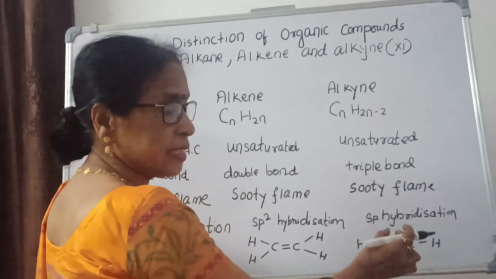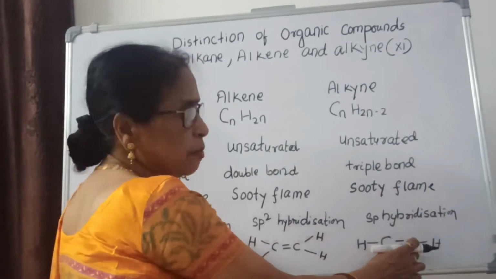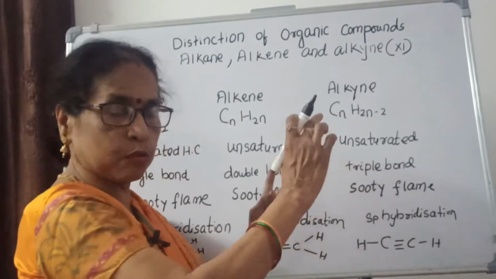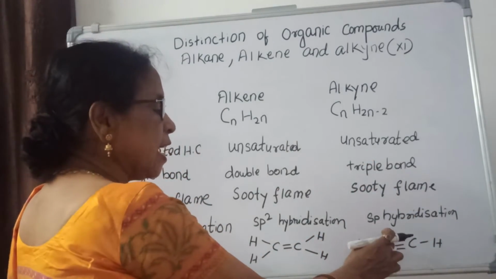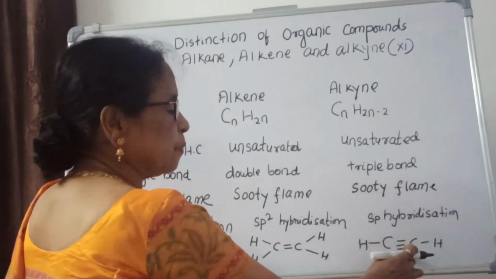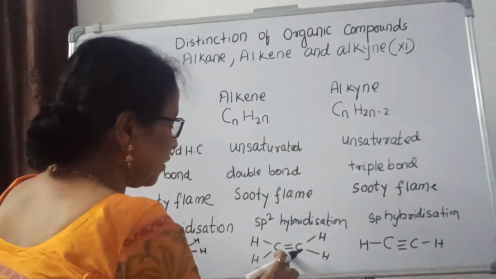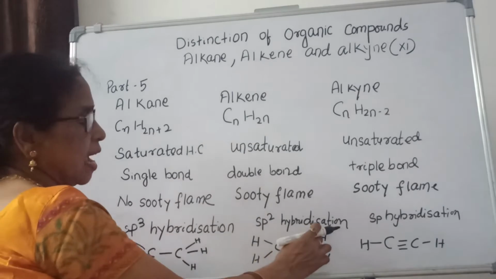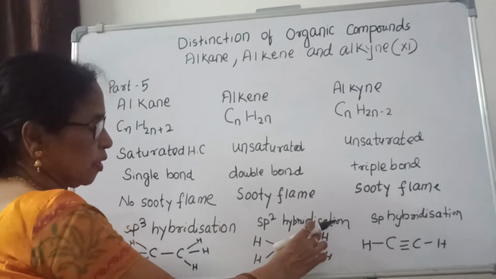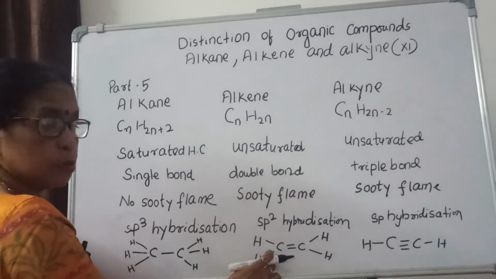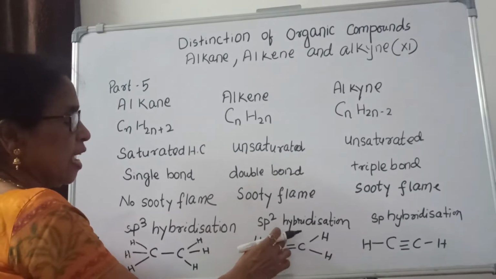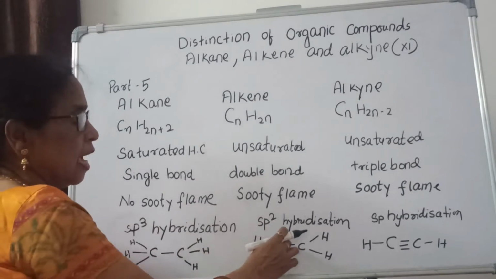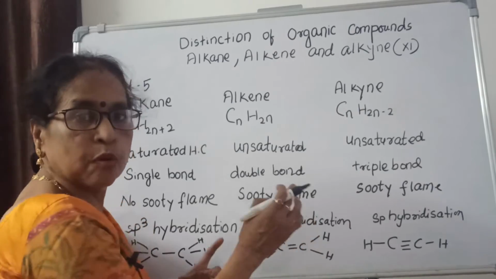Now the difference is that here sp of carbon and s of hydrogen overlap, and sp of carbon overlaps with sp of carbon. Similarly here, sp2 of carbon and s of hydrogen overlap, and in the middle sp2 of carbon and sp2 of the other carbon overlap.